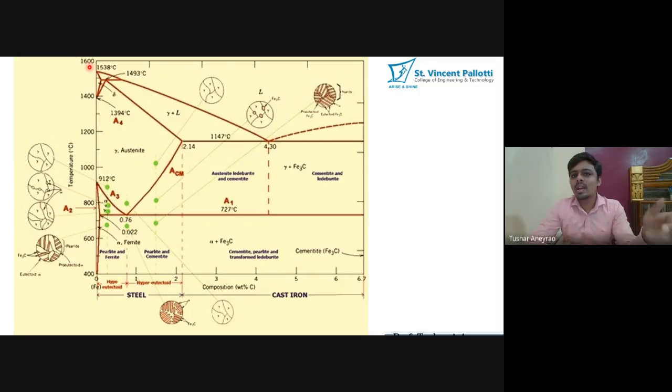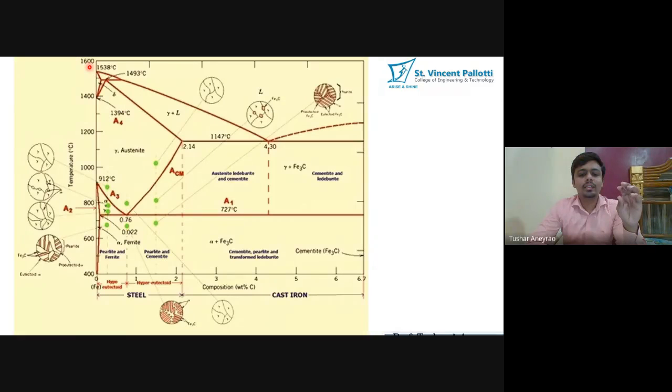There are some alloys which are hard, some which are ductile, some which are malleable, but in a single alloy, just by changing phases, you can get n number of properties.